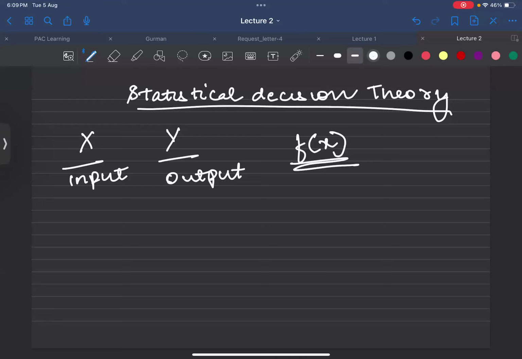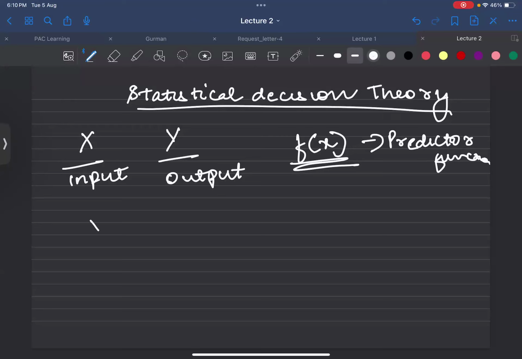Then there is f(x). What is f(x)? Anyone? Output. A function that generates output. Yes, so it's a predictor function. Our main motive is to find the best f(x), so that we can generate the same output, or the output difference is very small.